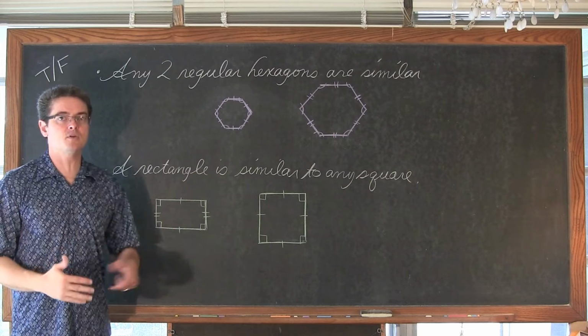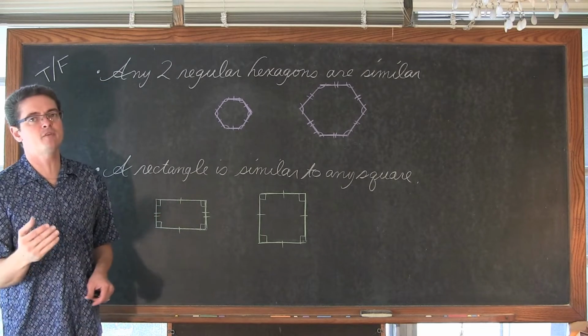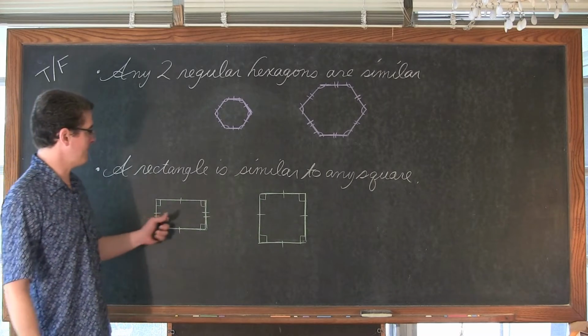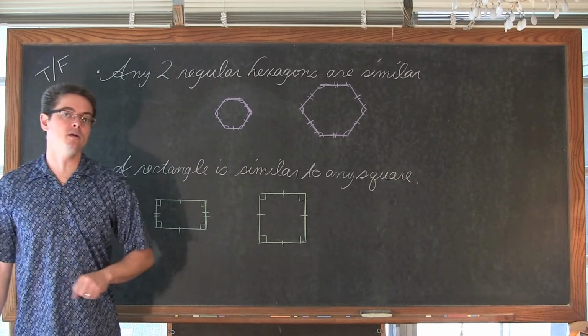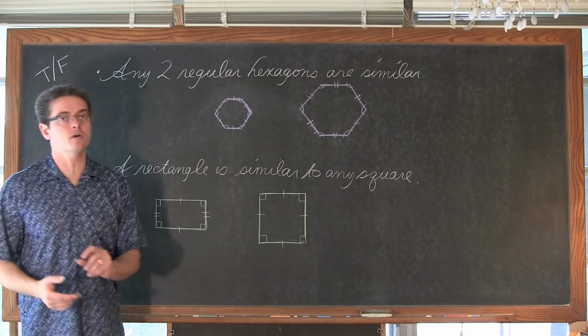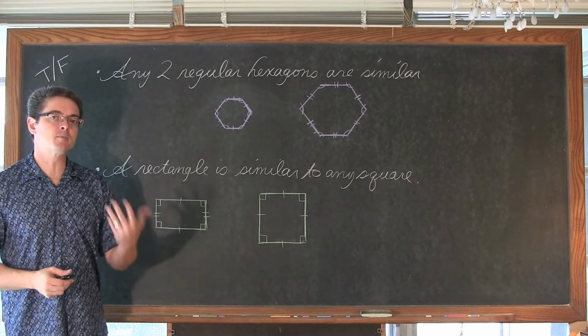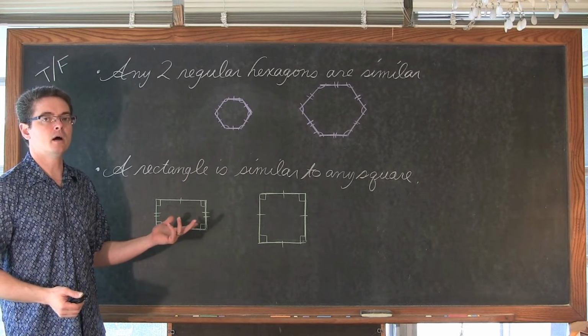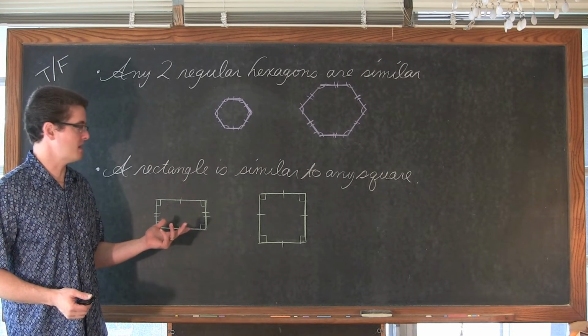A rectangle is similar to any square. Any rectangle is similar to any other square. Well, that's going to be false. A rectangle and a square both have four sides. They both have all of their angles being 90 degrees, so we've got the first requirement met, that all of the angles are congruent. But when I set up the proportions for all the sides, you can already see that in my example I have not drawn two figures which are the same shape.